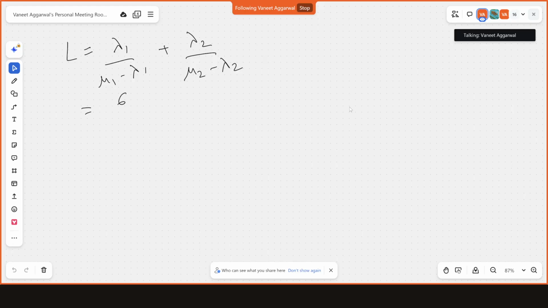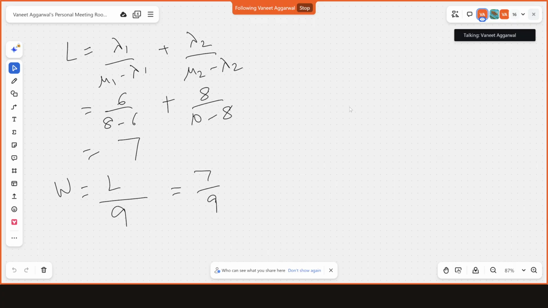This is 6 over 8 minus 6 plus 8 over 10 minus 8, which comes to 7. Next is W. W is L over total arrival rate, which is r1 plus r2, which is 9 in this case, which is 7 over 9.